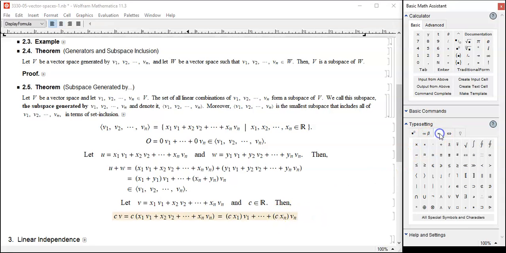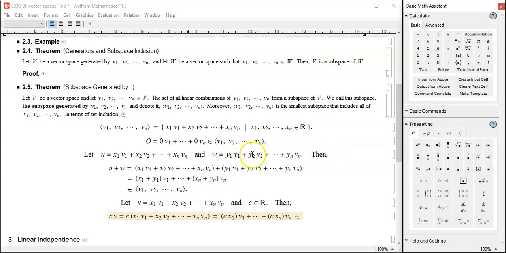So this is equivalent to the form of a linear combination. So yes, this scalar multiplication also belongs to the set generated by v1, v2, all the way to vn.